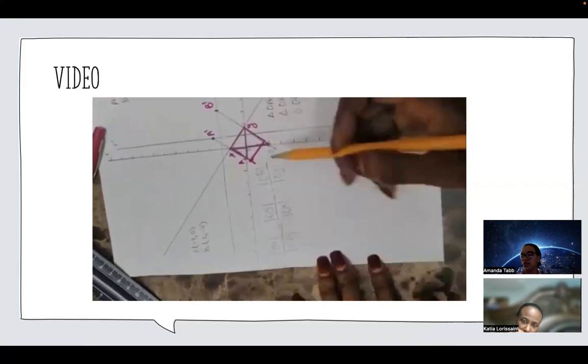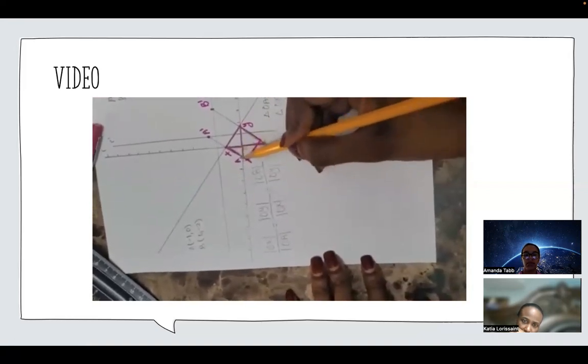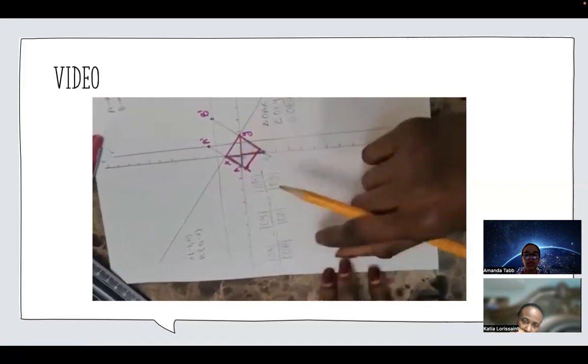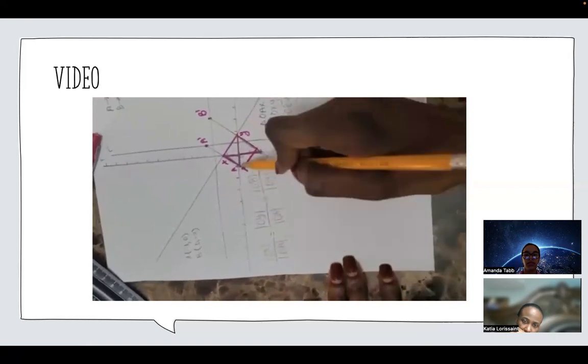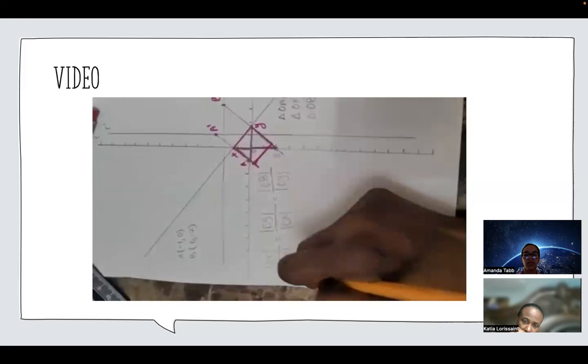Now, don't forget, OA was 1 unit long, and OB was 2 units long. So wherever I see OA, I'm going to plug in 1, and OB will be substituted with positive 2.